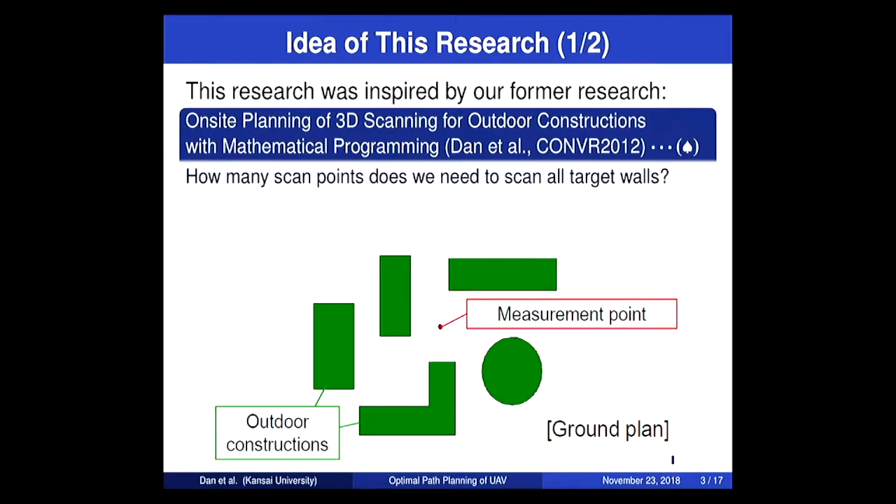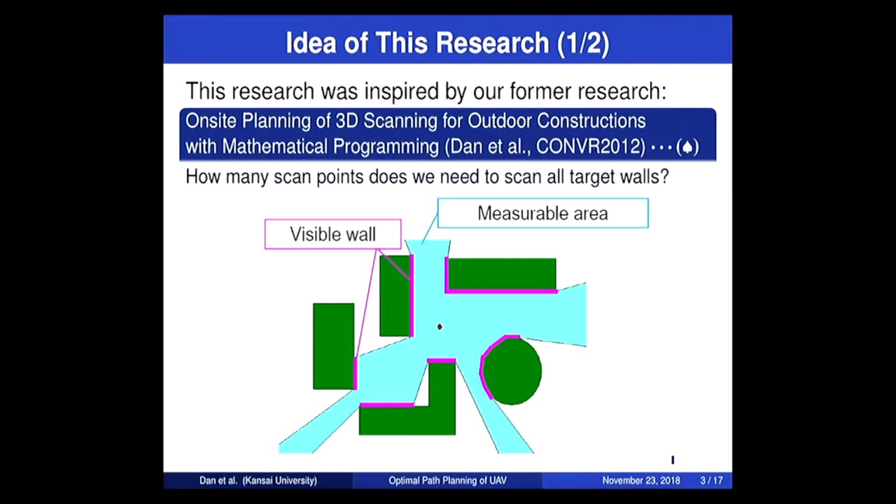So in this case, we can measure this blue area from this measurement point, and we can scan these pink walls. From these figures, we can understand that occlusions make it difficult to find scanning points to cover all the surfaces. Especially, it is difficult to find the minimum number of viewpoints to scan all targets.